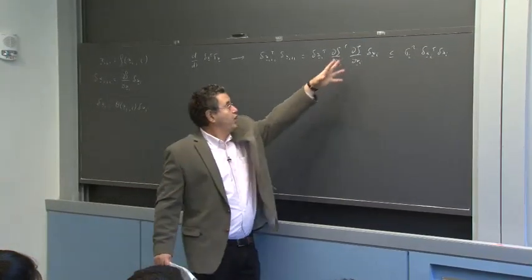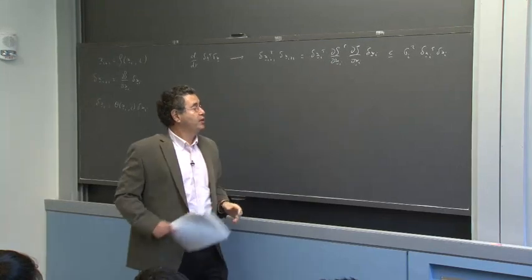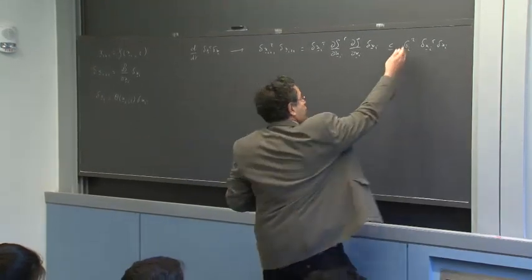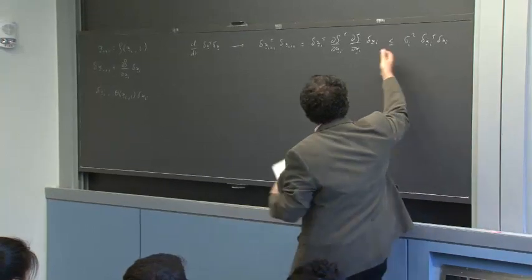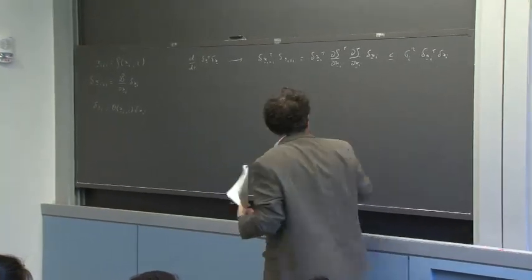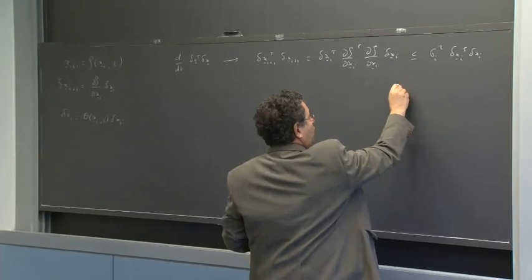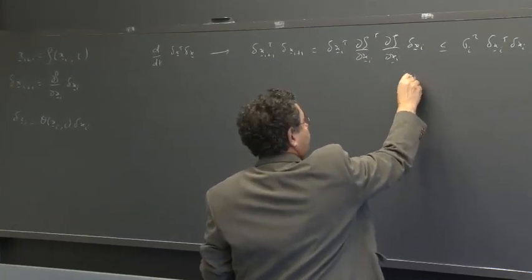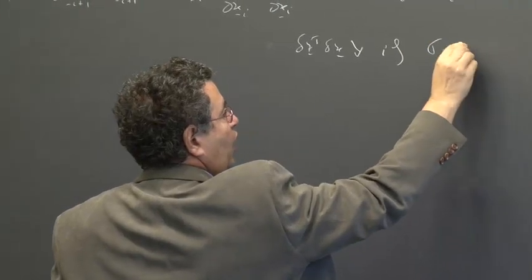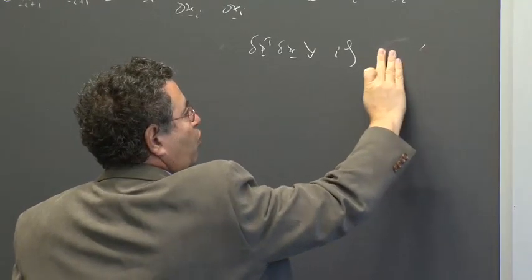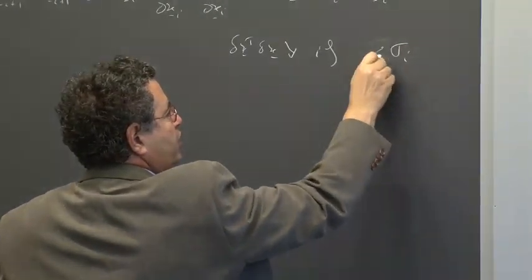So this eigenvalue, of course, is positive, and that's why I wrote it as sigma I square. And if we want this to be shrinking, so delta x transpose delta x decreases, then this sigma I, which is a positive quantity, has to satisfy sigma I square less than 1.